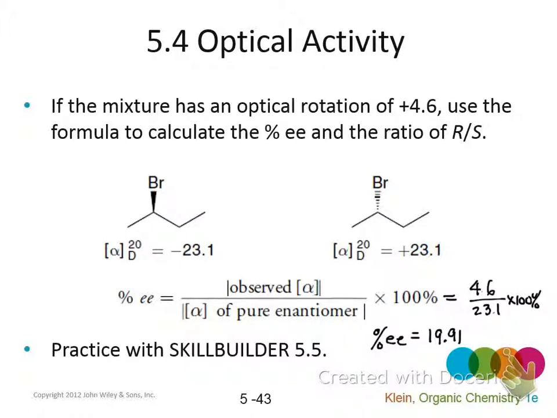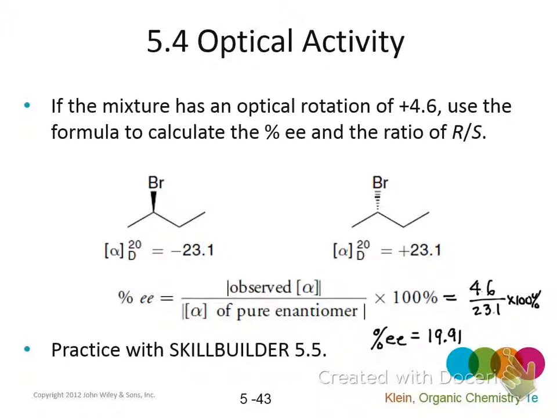Okay, so if that's the percent EE, what are the percentages of each compound? You guys see how, from the last thing that we did, if I take the observed rotation, divide by the specific rotation times 100, that's the percentage that's not racemic? So that gives me the percent EE.